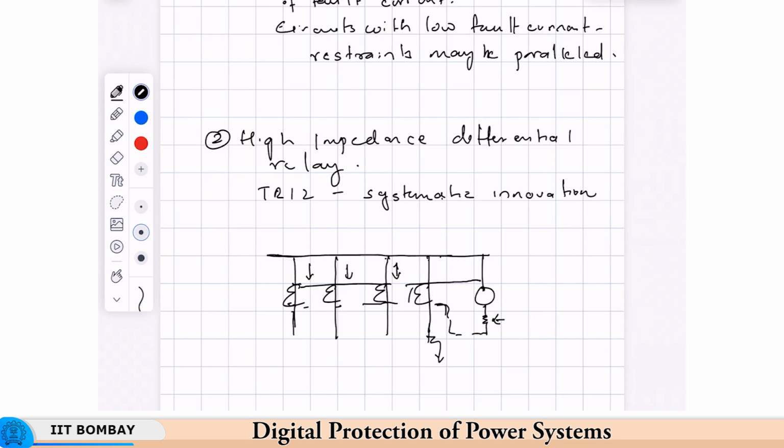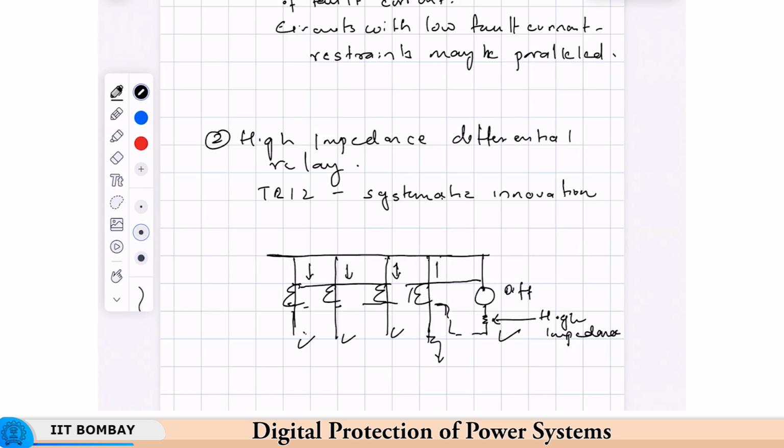Now, what is done is a high impedance or a high resistance is inserted in series with this relay, okay, with the differential relay. So, the impedance of these circuits, rather there are 4 here. So, say the impedance of this one, this circuit and this circuit is very high, while the impedance of this circuit is very low.